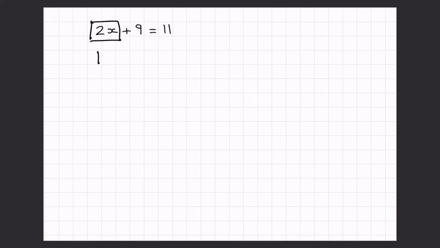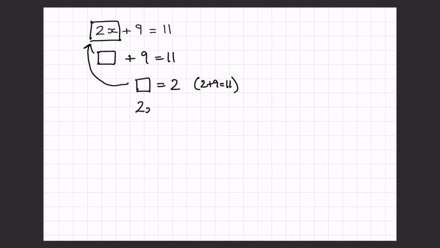So we now have something add 9 is equal to 11. We've just been solving equations that look like that. Something add 9 is equal to 11. Well, that something must equal 2, because 2 add 9 is equal to 11. But we put a box around 2x.